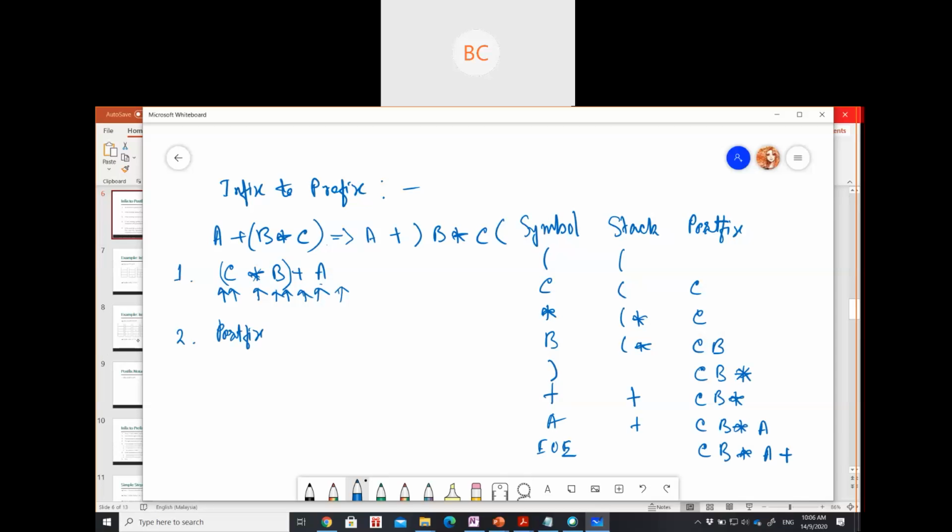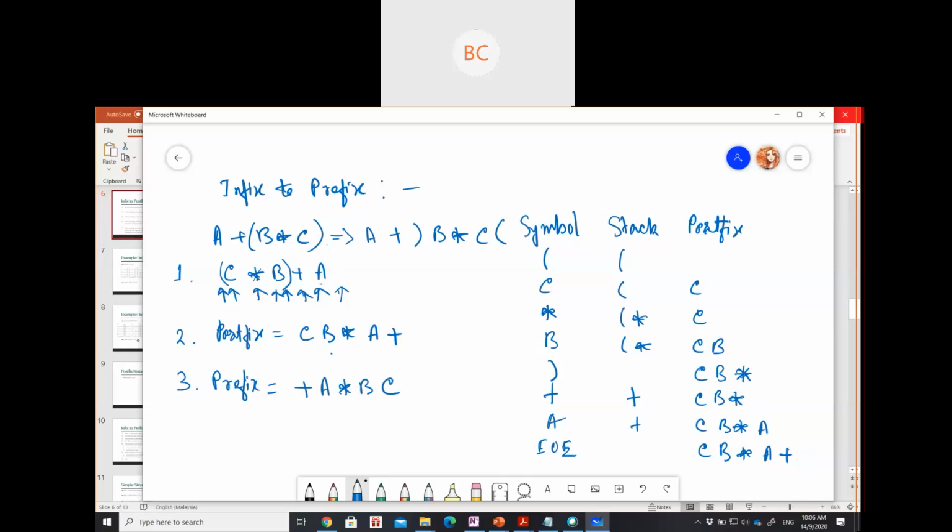So our postfix is C, B, star, A, and plus. Now what's the rule for prefix? We need to reverse this expression again to get our prefix notation. So after reversing, what will we get? You will simply reverse it. First plus, then A, then star, then B, and this way.